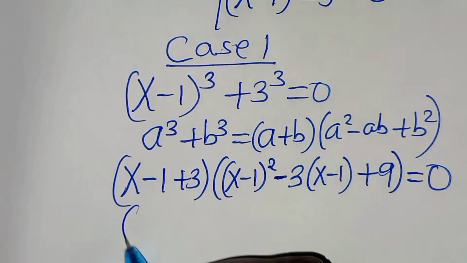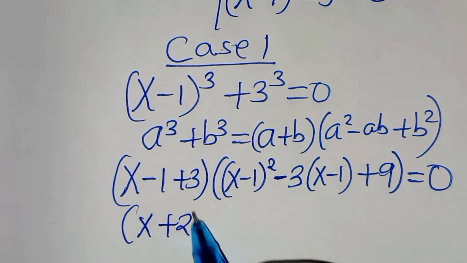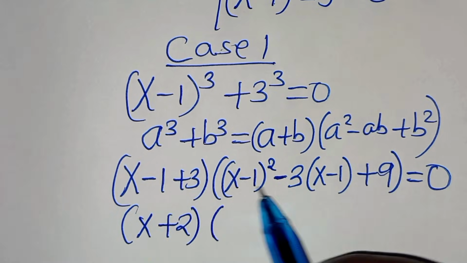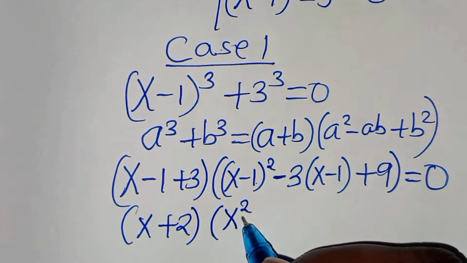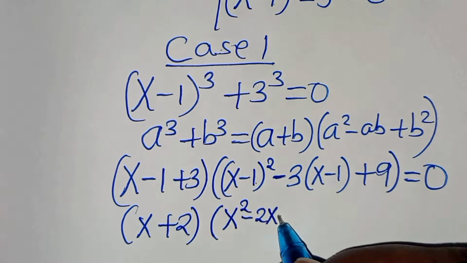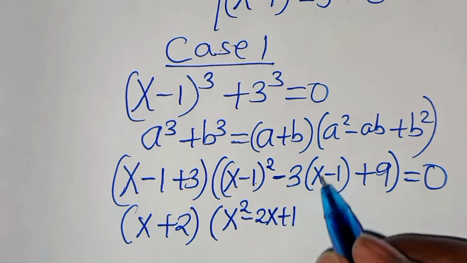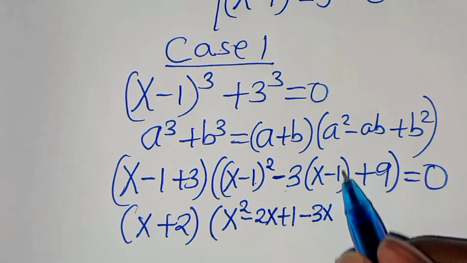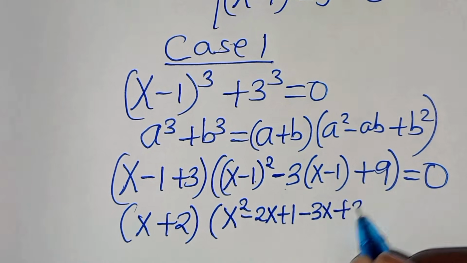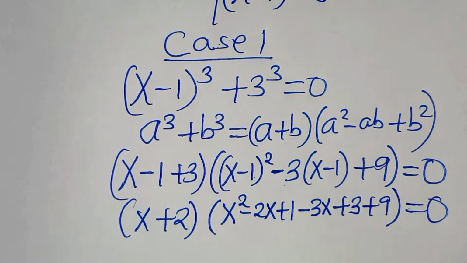So x - 1 + 3 is x + 2, in parentheses. Then (x - 1)^2 becomes x^2 - 2x + 1. Let's open the parentheses here: minus 3 times x is minus 3x, then minus 3 times minus 1 is plus 3, then plus 9, equal to 0.